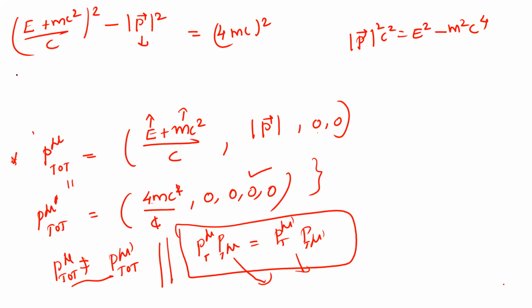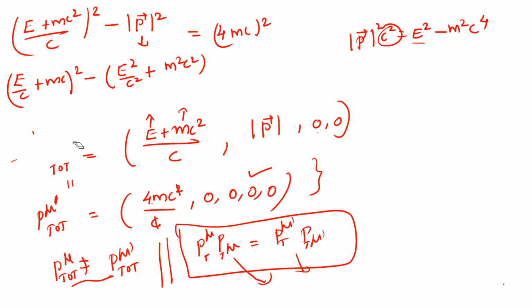So we can write this as (E by c plus mc) whole square minus modulus of p vector square. We'll write it as E square by c square. There's a minus here, so I'll put it outside: E square by c square plus m square c square, because you are dividing by c square on both sides.